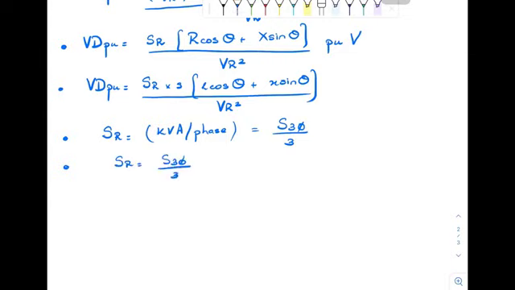So if we multiply this by 1000, that will give us the power in volt amperes, as this factor is in kVA. So we can remove the k and we can represent it like this. So this is basically in volt ampere per phase.